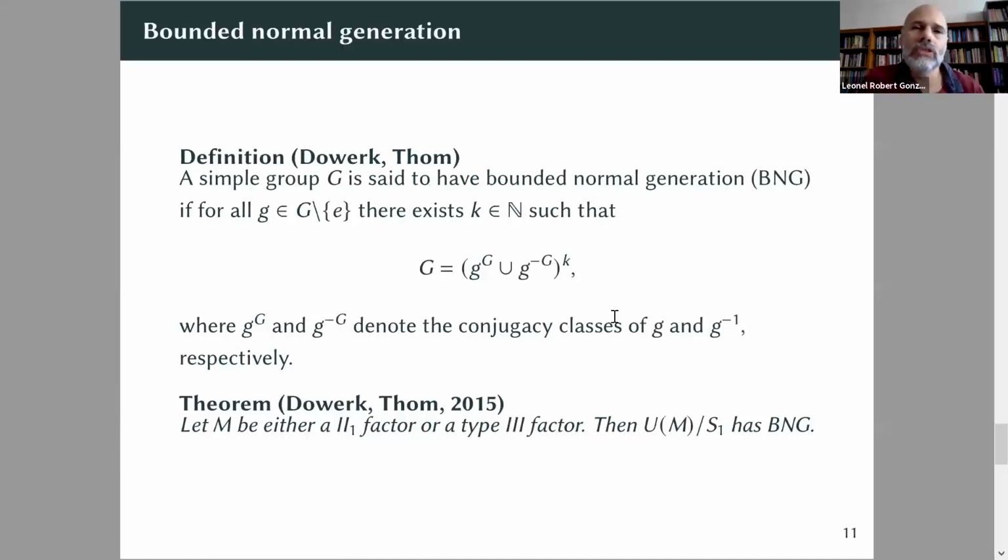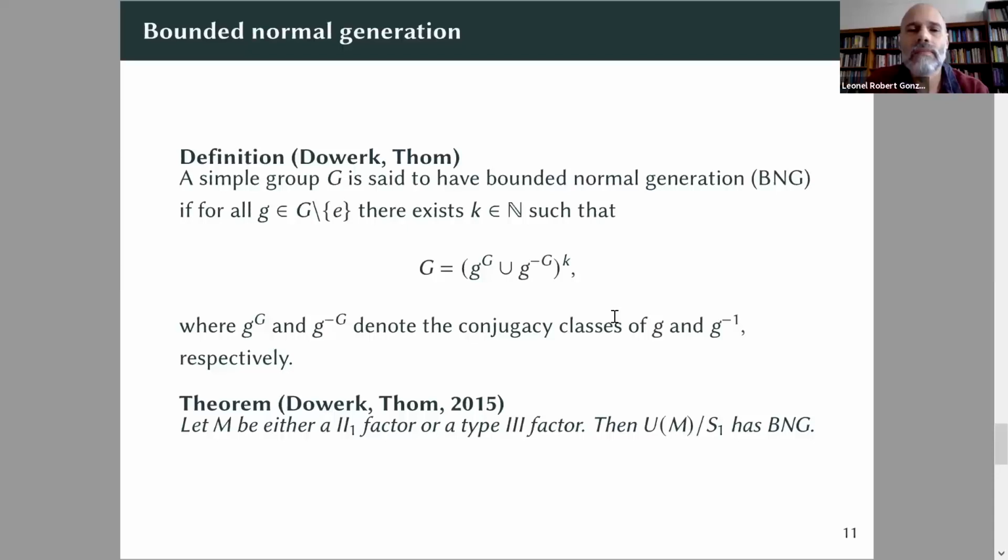There's a concept out there called bounded normal generation, which strengthens simplicity. So let's say G is a simple group, and then we say that it has bounded normal generation if for every element other than the unit, if I look at its conjugacy class and the conjugacy class of its inverse, then there's a finite power of that, meaning finite products of things taken from that set, that gives me the whole group.